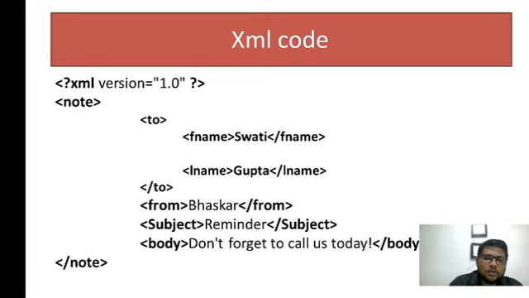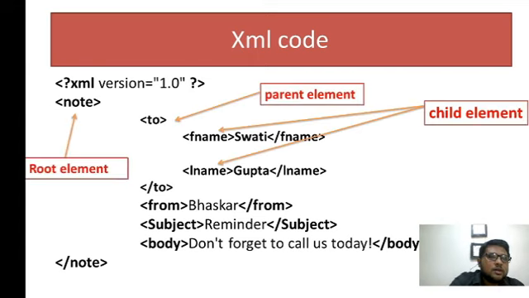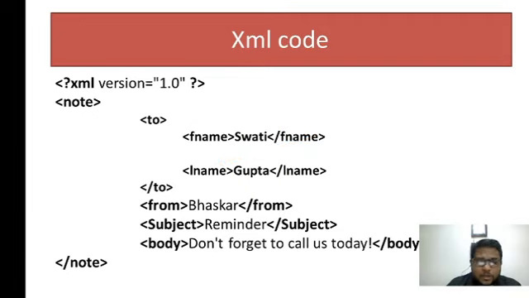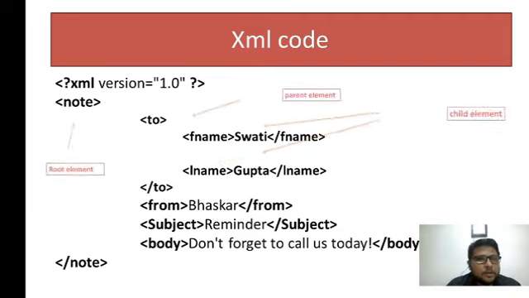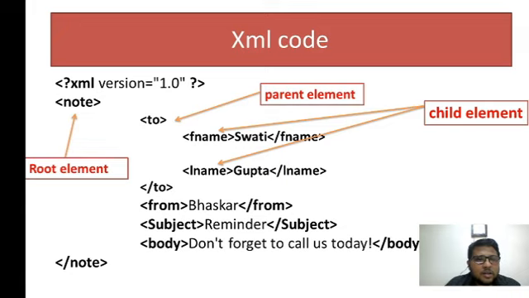If you want to see the output, I'll show you. This is the XML code, but there are certain things that I want to tell you. The first one, the note. Note is the root element. Then 2 is the parent element. Why is it a parent element?